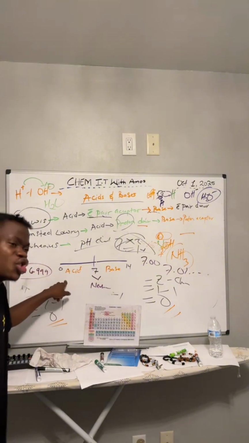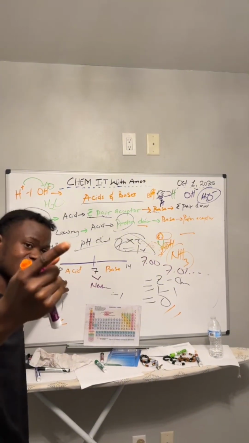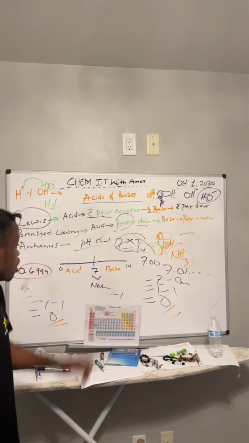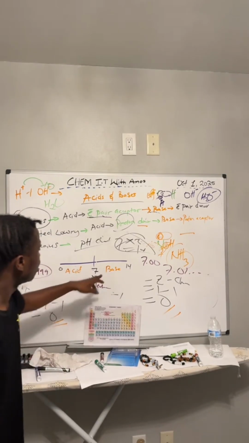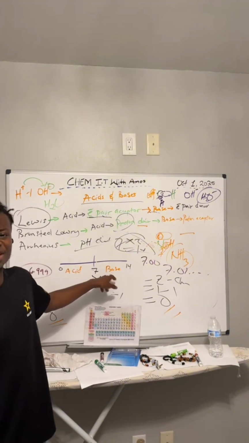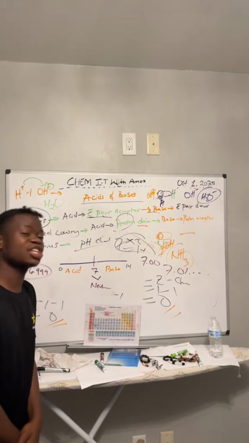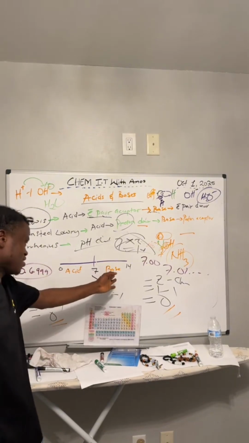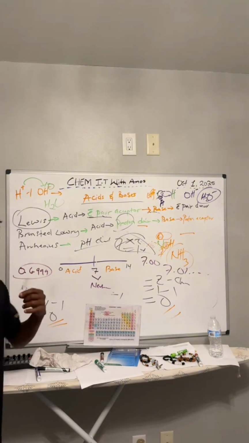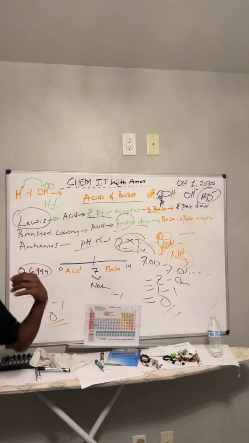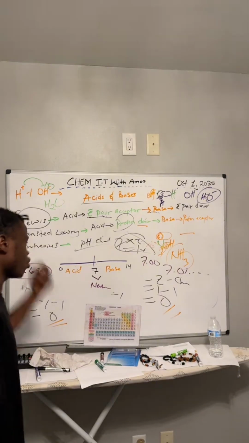Vice versa, on the opposite side, the higher the number of a base, the higher the strength of that particular base. As you can see here, let's go to acid right here. The lower the number of an acid, the higher the strength of the acid.